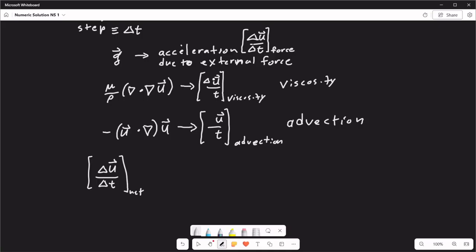This is just notation. So the change in the velocity field for the time step is caused by each of these terms. So the net change in the velocity for the time step that's going to be caused by these terms is going to equal the sum of all these terms.